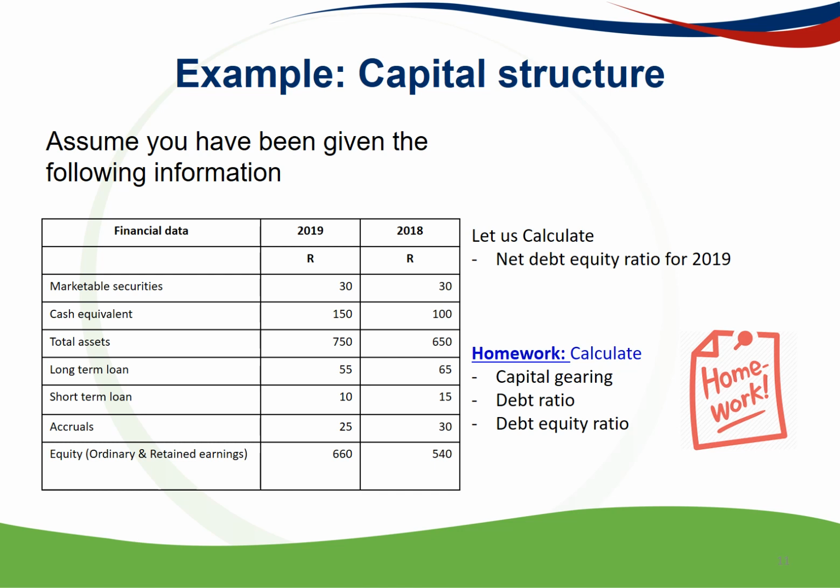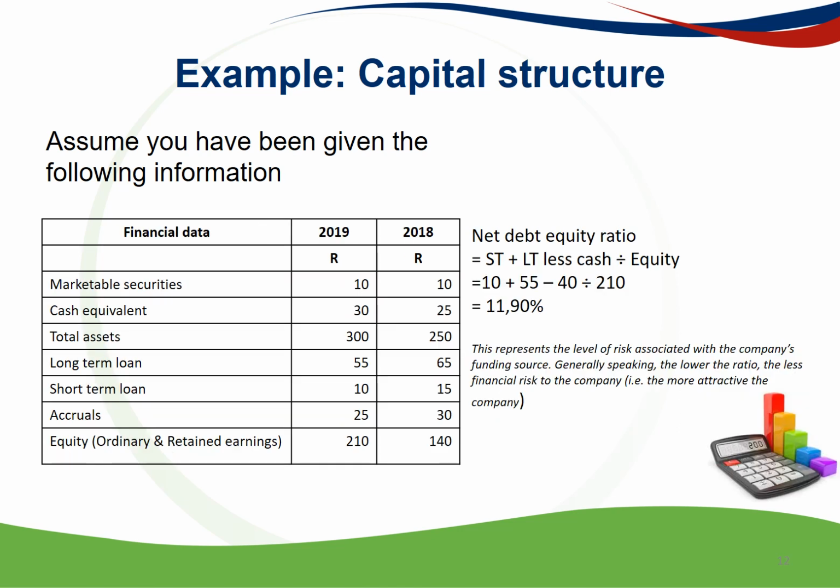It's very important to identify which items of financial data are needed to calculate the ratio that you are required to determine. So the ratio you are required to calculate is your short-term plus your long-term less cash, divided by your equity. And this is how you calculate it: short-term plus long-term less your cash, divided by your equity.